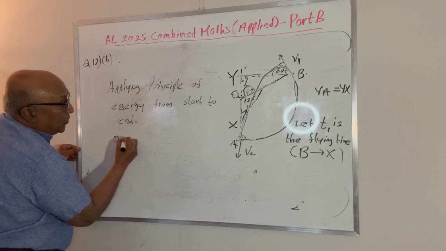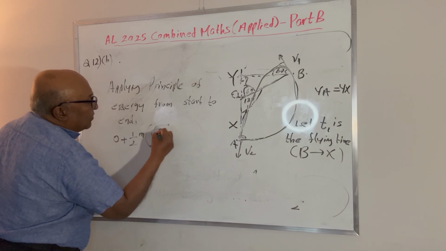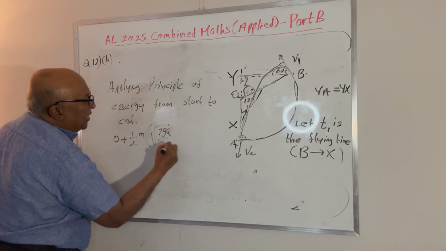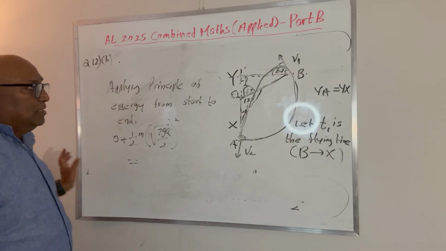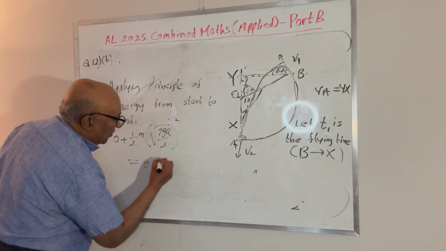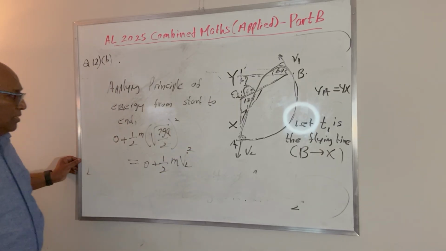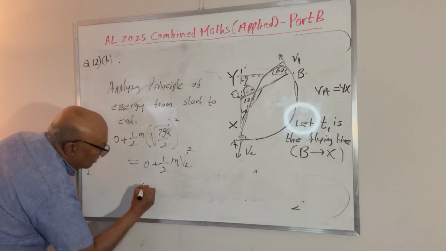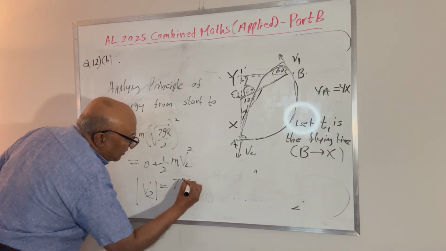Potential energy 0, kinetic energy half m v squared, with v being root 7g upon 2. Okay, this is the very initial stage. At the final stage, again potential energy 0, kinetic energy half m v2 squared. By looking at this, we understand the magnitude of v2 equals root of 7ga by 2.